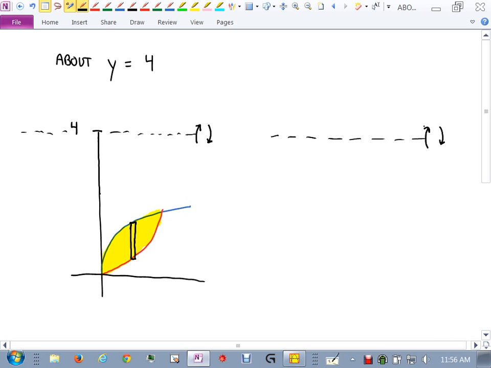So here's our axis of rotation. I'm going to also bring in the x-axis, which is down here. I'm going to bring in my rectangle, which is about right here. I have my blue curve there, and my red curve here. Now, where do you stand?